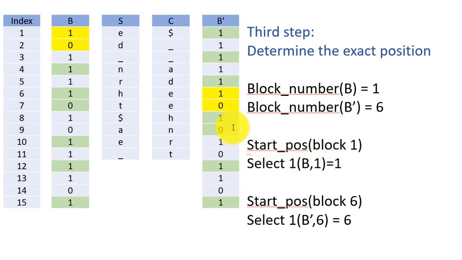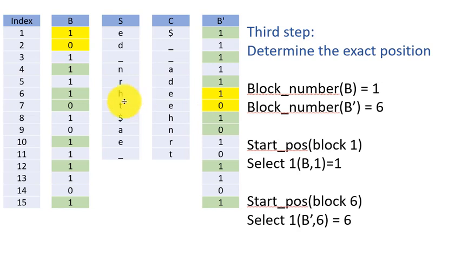And we need to find out the starting position of this block in the B column, so that we can calculate this distance later, and then add this distance to find out which E we are talking about, what exact position we are talking about.